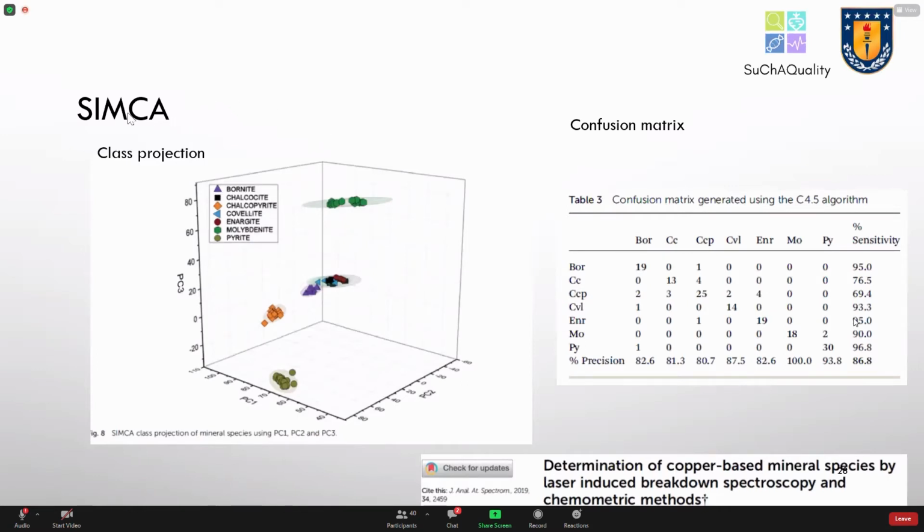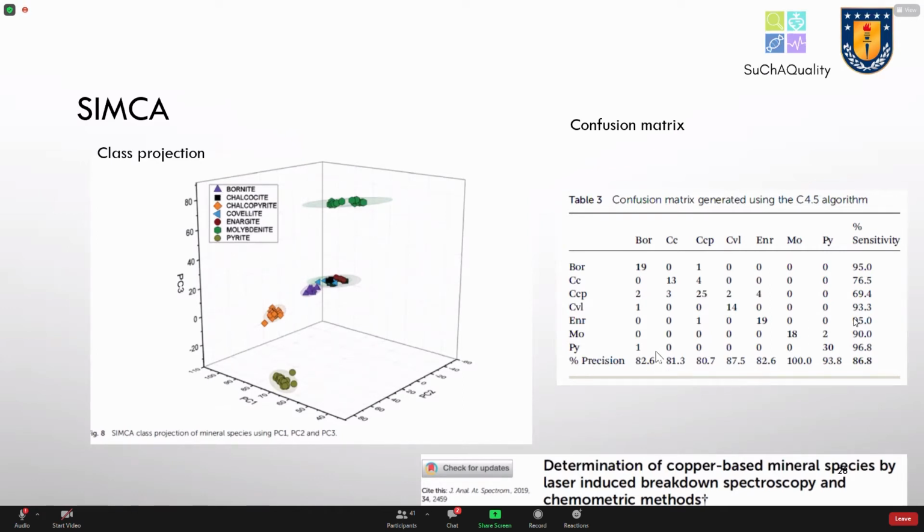This is a projection of class. SIMCA, like another classification method, has some parameters to evaluate the success of the method. So we can see here one of them. This is the projection class, and the class has here the boundaries at 95 or 99% of confidence level, for example, and we can see if some classes have overlapping confidence regions.